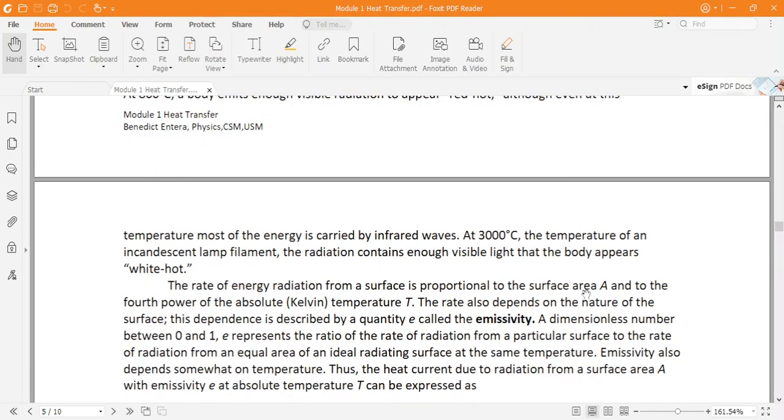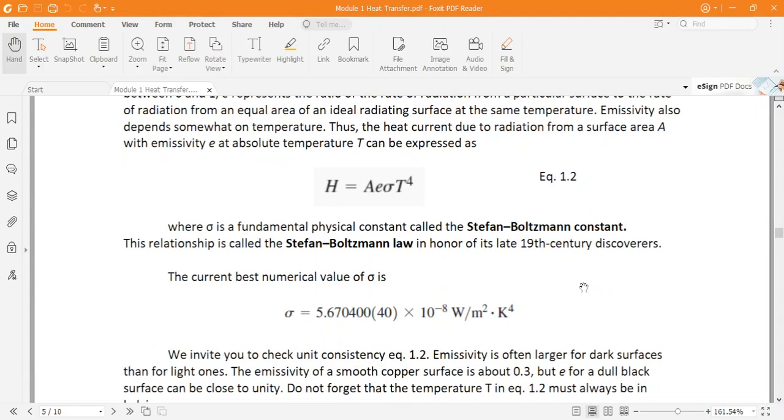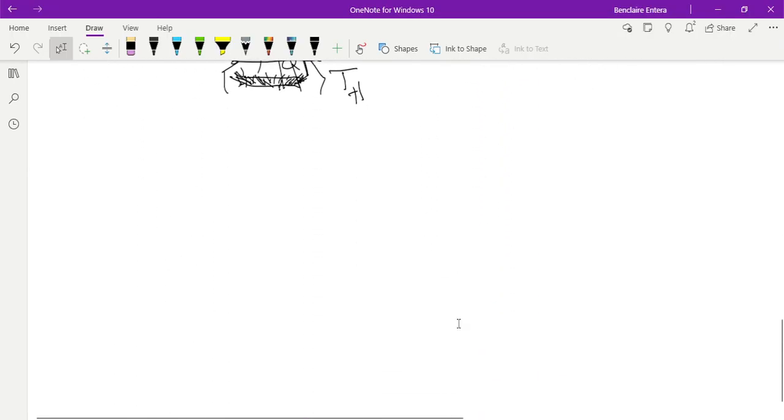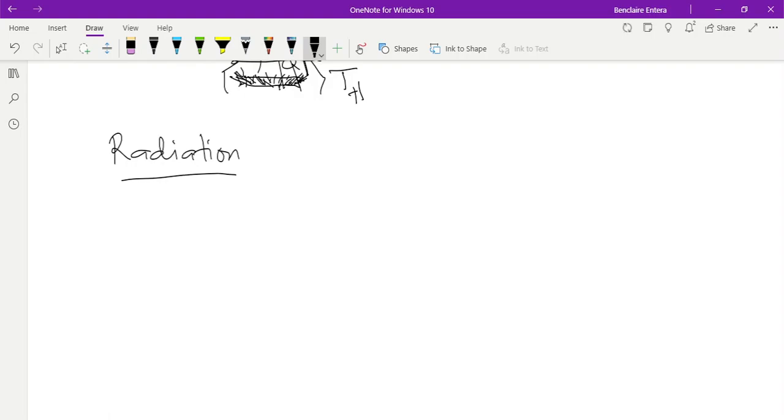What you need to remember in radiation is that this temperature must be in Kelvin. That is really what you should remember in radiation. So in heat transfer by radiation, remember our equation: H equals A E sigma temperature to the fourth power.